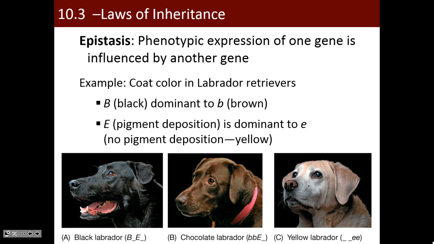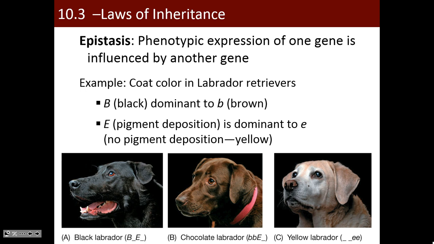This is something else that contributes to human skin color, right? There's how much pigment you produce and then how effectively you deposit that pigment in your cells. So if you have a dominant allele for pigment deposition and you make black coat color, then that black color gets deposited in the hairs. If you have a dominant expression allele and you make brown coat color, that brown coat color gets deposited in the hairs.